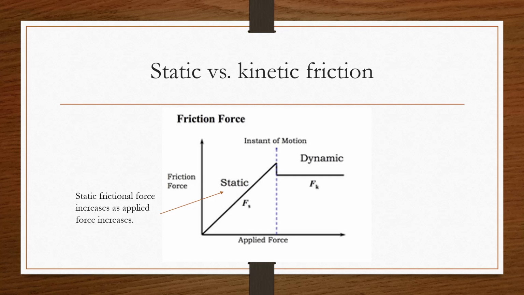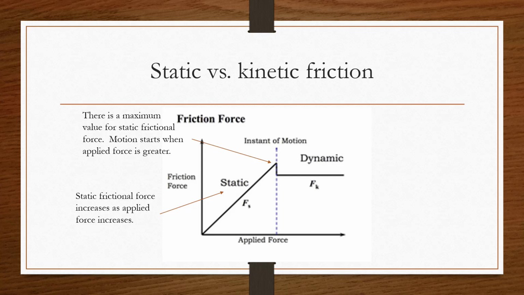If the object isn't moving, these two forces have to be equal and opposite in direction. This also indicates that there's a maximum value for the static frictional force, but that it could be any value below that depending upon what the applied force is. And motion starts when I apply a force that's larger than that maximum value to an object.